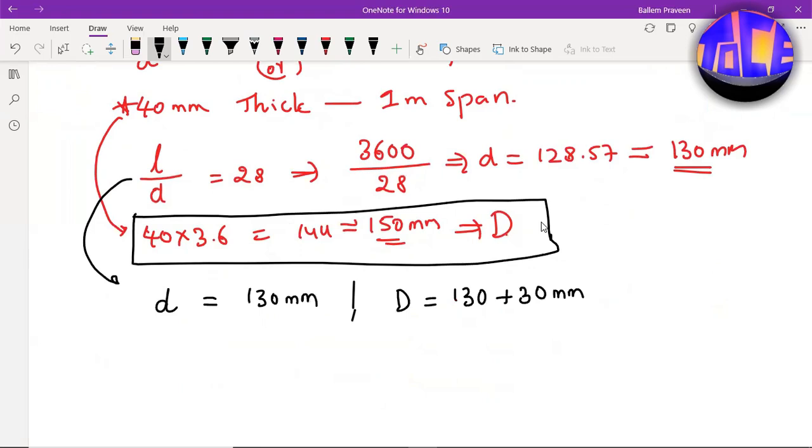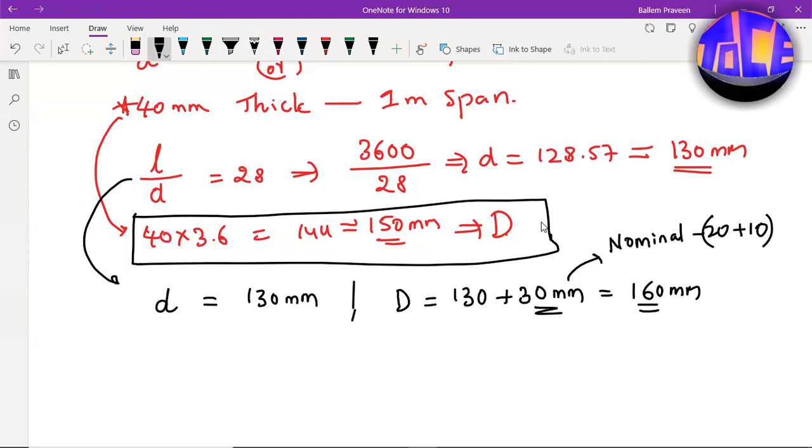Usually for a slab the nominal cover will be 20, and for this you can add around half of the diameter of the bar, like 12 or 20 is okay. So I'm adding 10 mm. I'm considering effective cover as 30 mm, so it will be 160 mm. My overall depth is 160 mm.